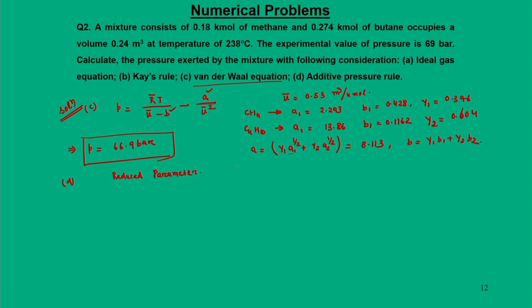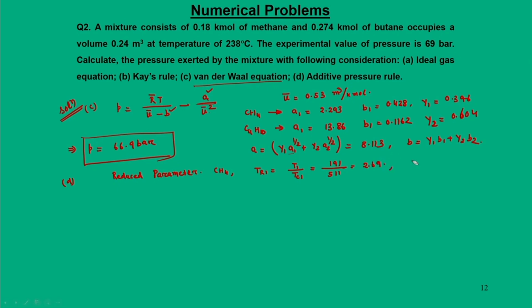So, reduced parameters, for CH4 we can get TR1 as T1 by TC1. Already we have noted down the TC1 value earlier. So, it is 511 by 191, this number is 2.69.